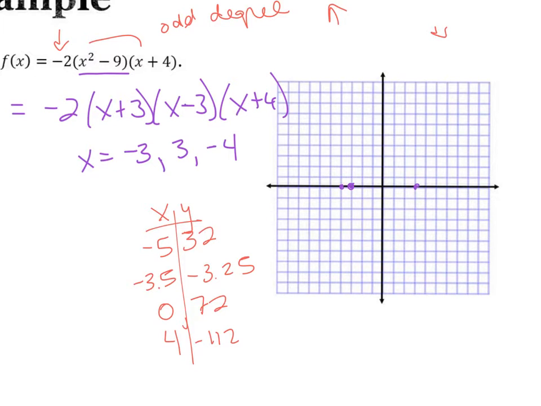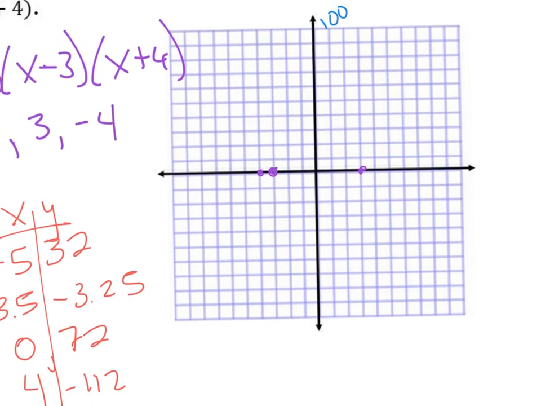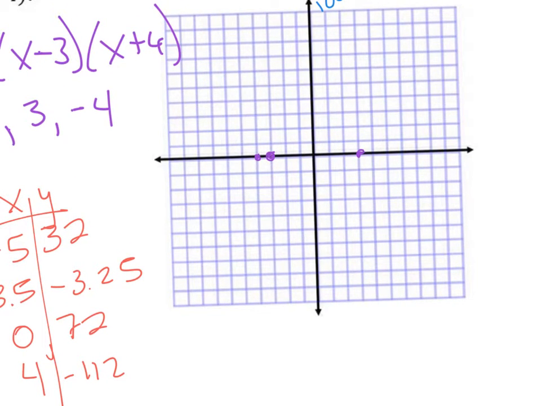For the sake of getting this kind of exact, why don't we go ahead and count by tens? So we're going to make the top here be 100. So 32 is going to be someplace up around there.